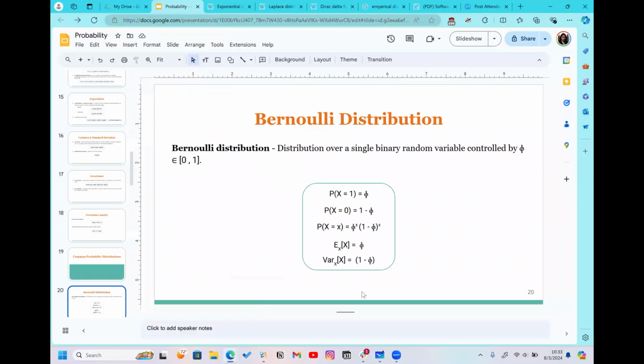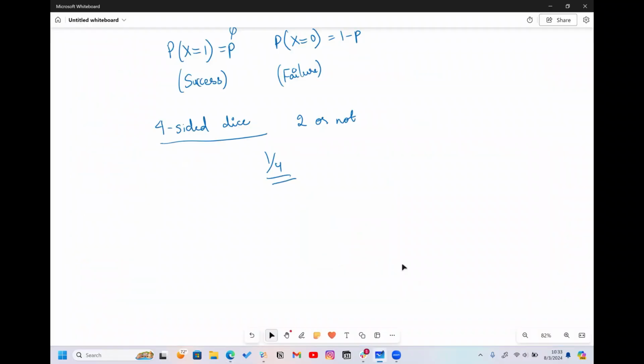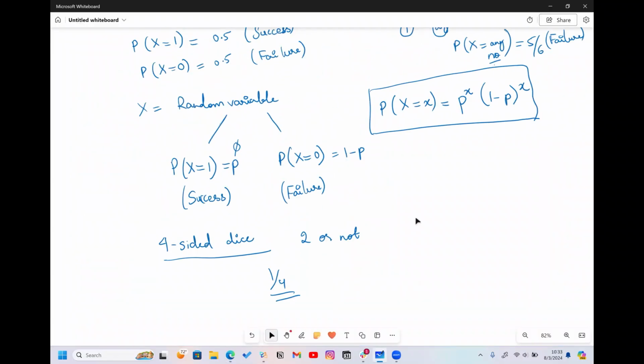Should it be 1 minus P to the power 1 minus X? That's what I was thinking. Maybe I just copied it wrong. Could you check the textbook and tell me? Yeah, it is 1 minus X. Okay, that's what I was thinking when I wrote it down. I'll correct it in the slide.